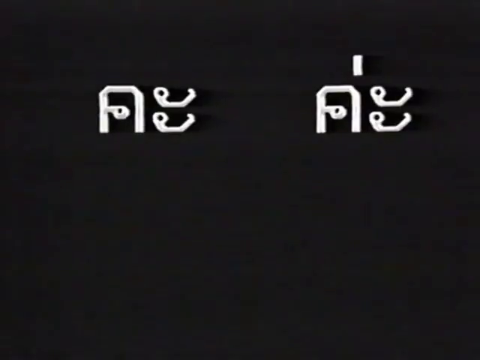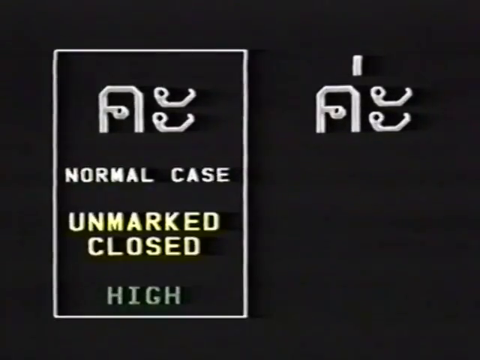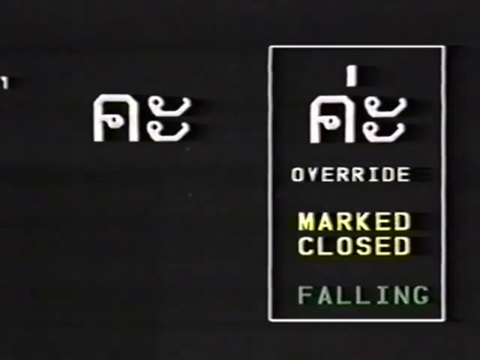For example, the polite final particle for women has two forms. One form, ka, for questions, is high tone, following the normal rules for unmarked closed. The other form, ka, for statements, uses a mai ek to change the tone to falling.